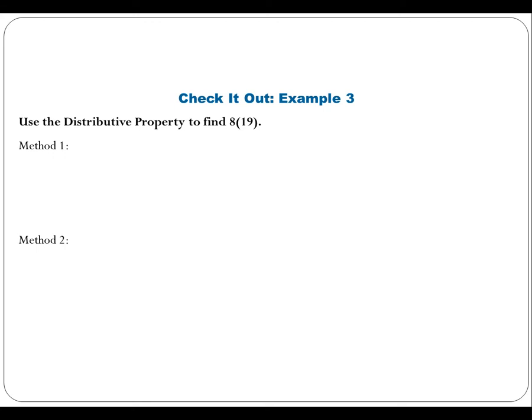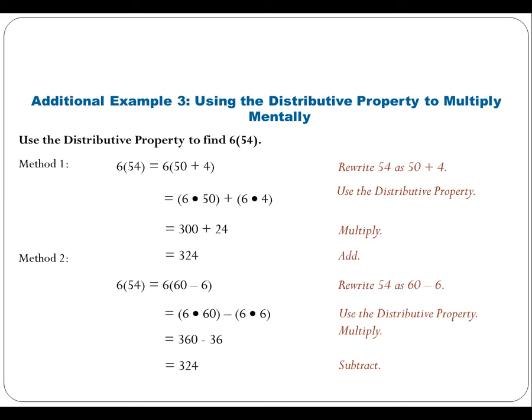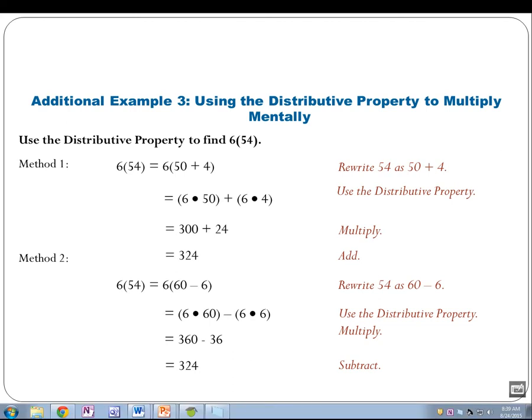Yeah. 20 minus 1. 18 plus 1. We're trying to find ways to break down that 19, the same way that we found 54 and did 50 plus 4.